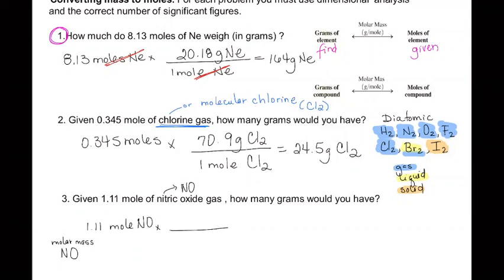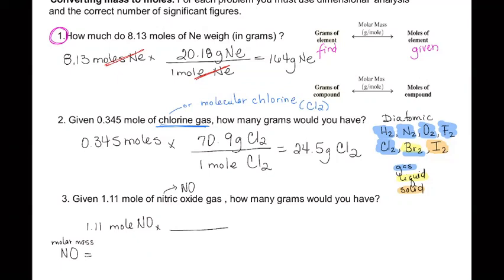going to be the mass of nitrogen, which is 14.01, plus the mass of oxygen, which is 16.00. Since we only have one of each atom, then we can just add the 14.01 for nitrogen plus the 16.00 for oxygen.